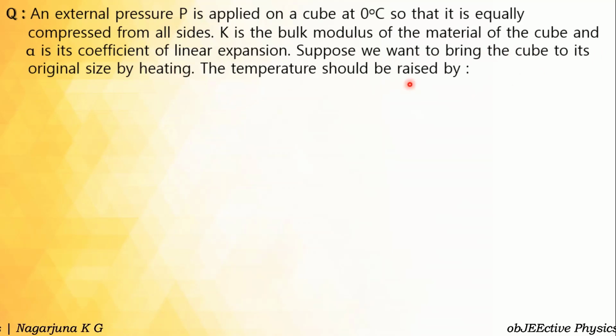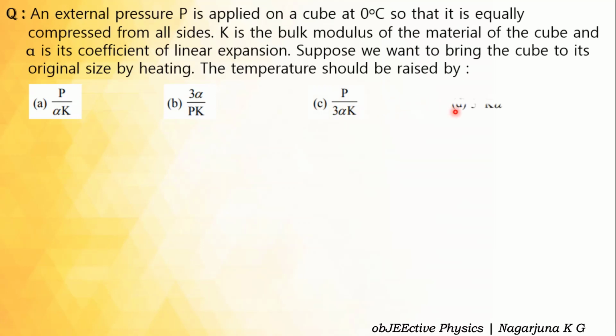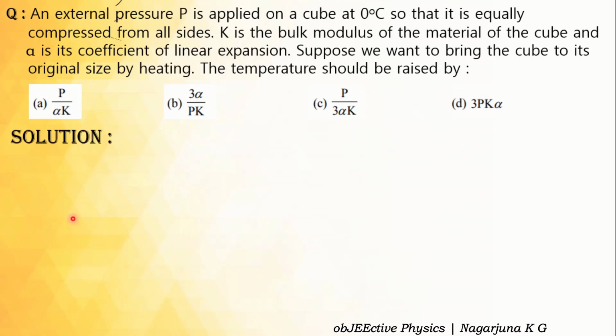The temperature should be raised by: option A, P divided by alpha K; option B, 3 alpha by PK; option C, P divided by 3 alpha K; option D, 3 PK alpha. Solution.